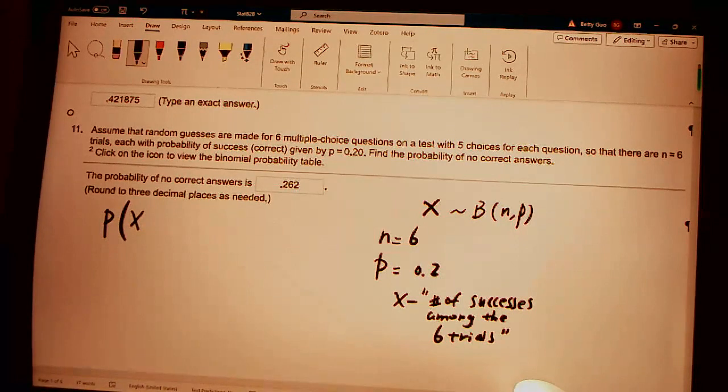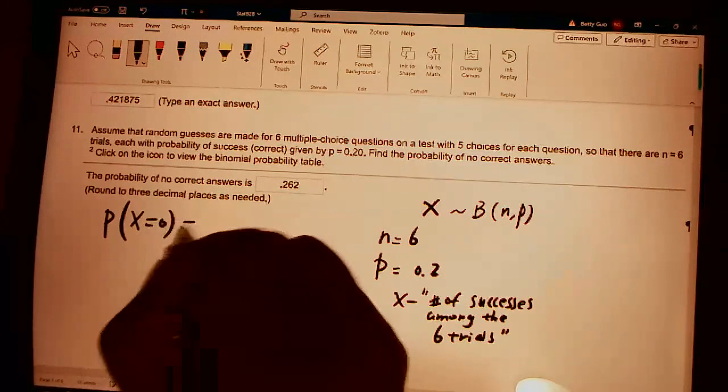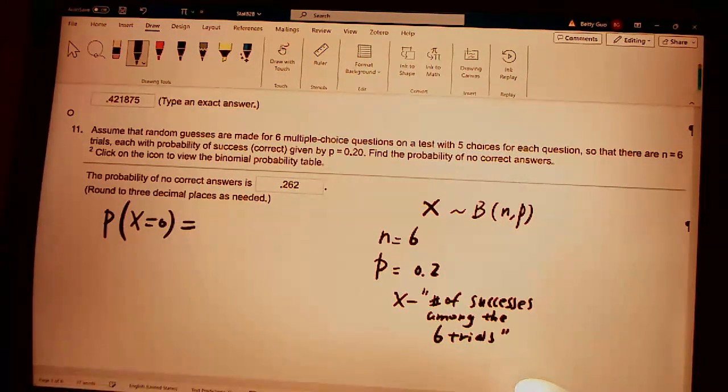The probability of no correct answers. Can we use x equals 0 to represent the result that you do not guess any answers correctly? You get them all wrong. As I mentioned on Tuesday, it is a milestone that we bring in random variable to numeralize the result.